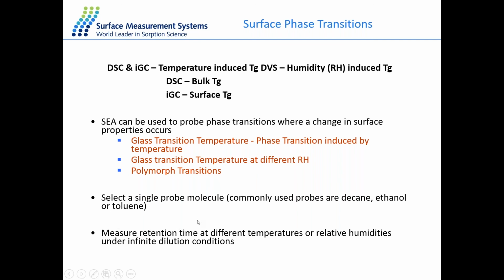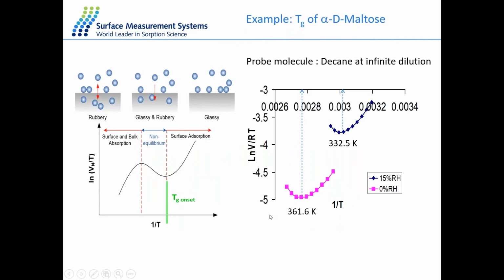Typically, for an experiment we'd stick to one probe molecule, so maybe decane, ethanol, or toluene, and we can measure the retention time at different temperatures or different relative humidities under infinite dilution concentrations. In this example, we're looking at alpha-D-maltose.